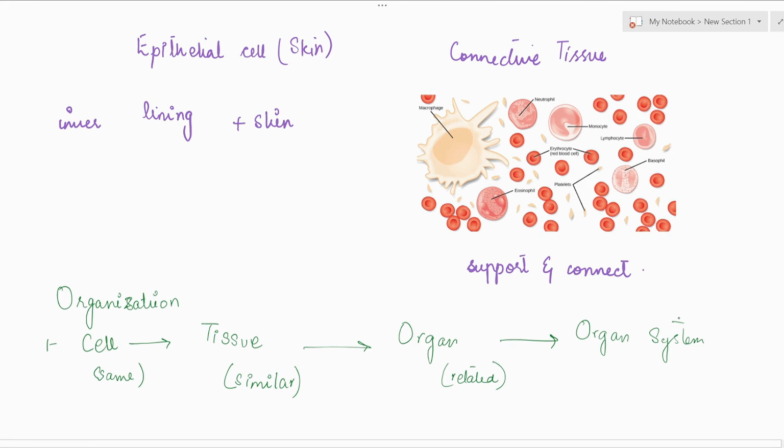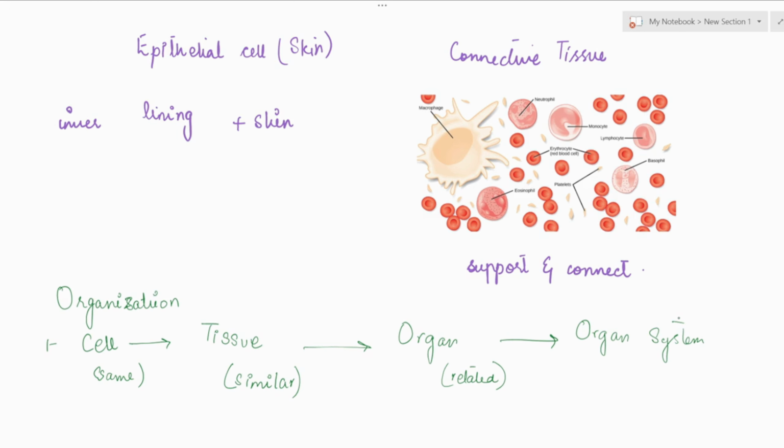Let me give you an example. Muscles connect together to make muscular tissue. Your heart is a type of muscular organ. Different tissues work together as an organ, so your heart is an organ. Now if we take the example of the heart, the blood vessels and blood collectively make the circulatory system.